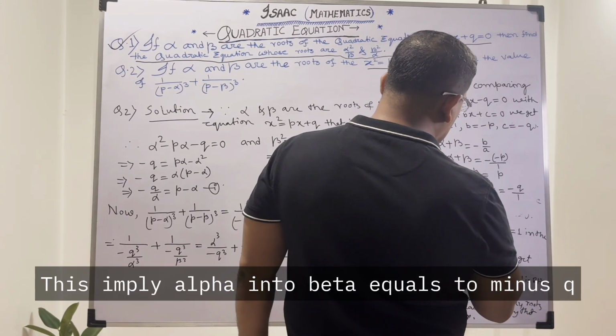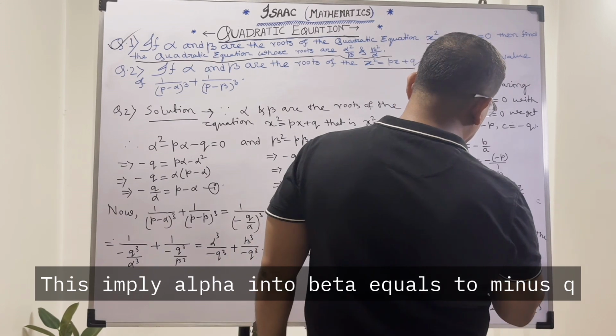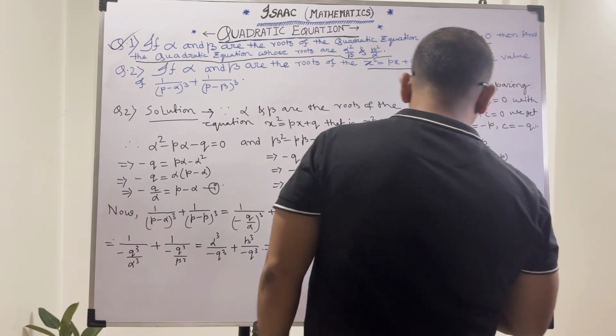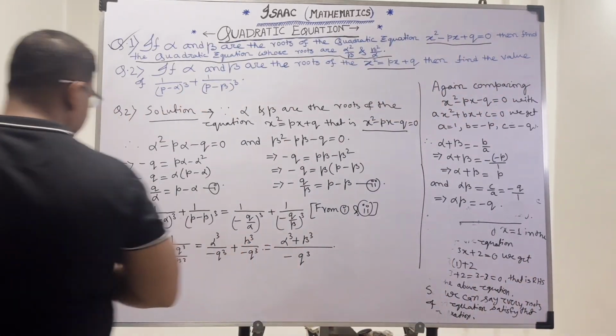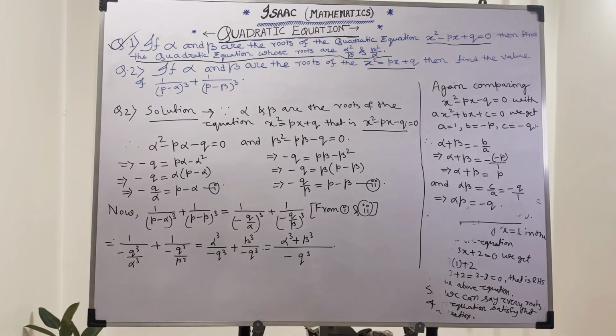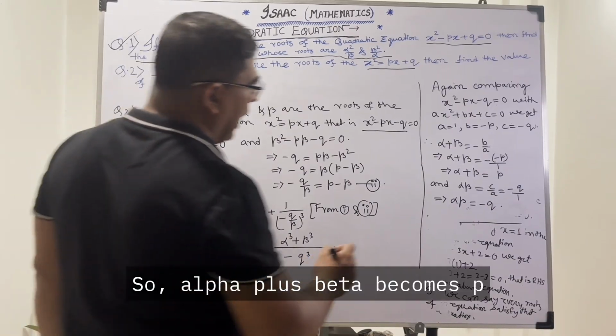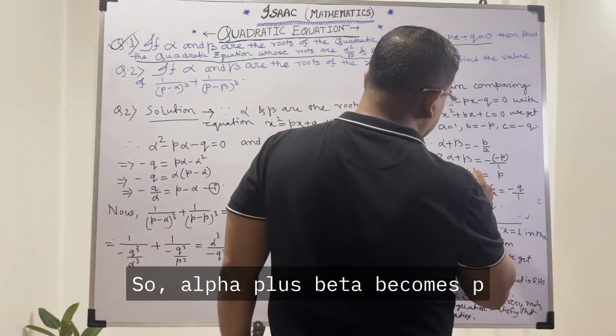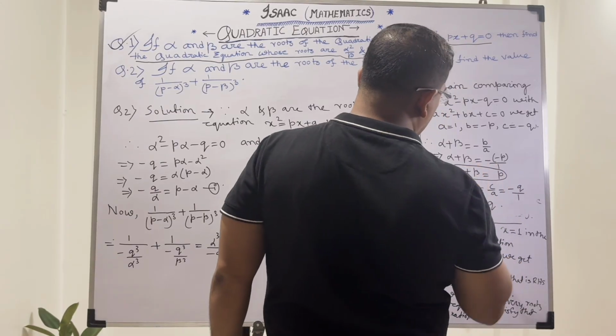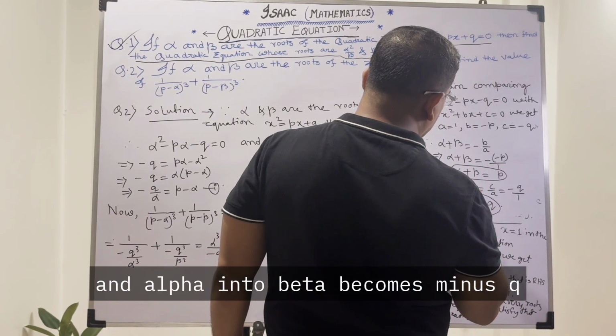This implies alpha into beta equals minus q. So alpha plus beta becomes p and alpha into beta becomes minus q.